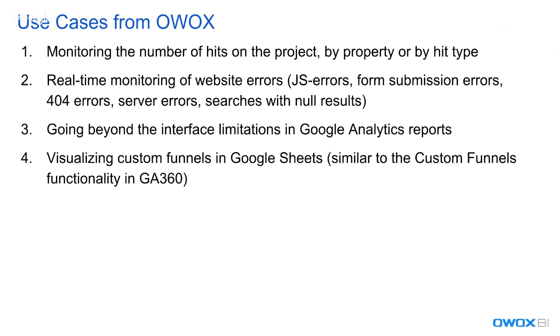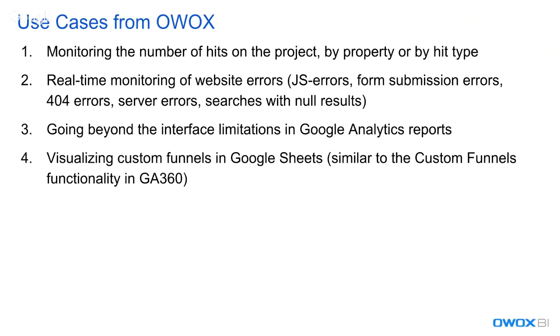With the help of the Google Sheets add-on, you can also visualize custom panels, and go beyond the limitations of custom funnels functionality, for example, in the Google Analytics 360 interface. As you know, Google Analytics 360 has a tool like custom funnel, and with the help of this tool, you can create a 5-step custom funnel and specify it any way you want, but you can't combine page views and events in this tool.